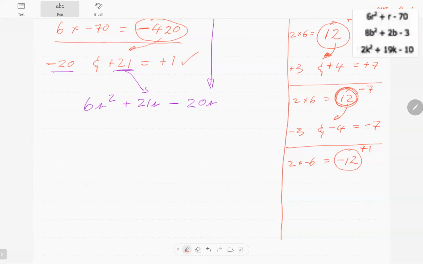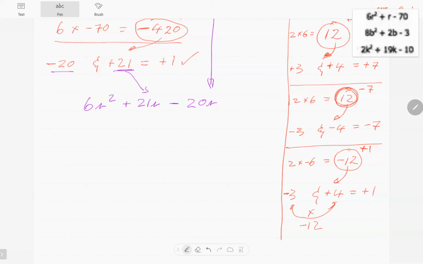So in this case, you would have to use 3 and 4 again, but you give the larger one the positive and the smaller one the negative, because when you multiply these two, you get negative 12, but when you add them, you get positive 1.